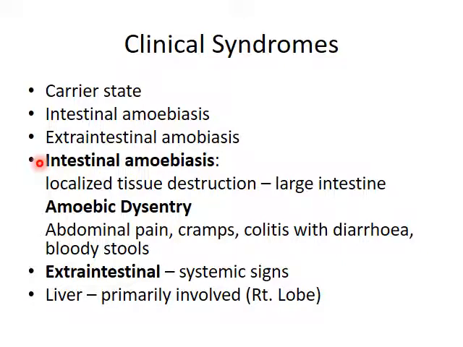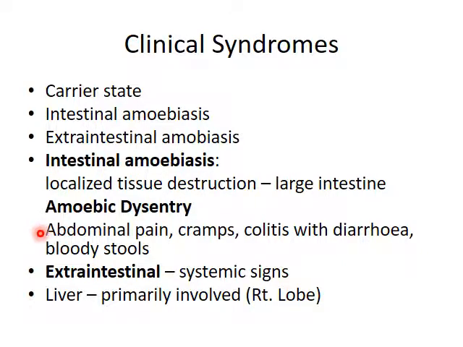In intestinal amoebiasis, as we already saw earlier, the virulence factors of the trophozoites, once they multiply by binary fission, start causing localized tissue destruction, and hence it might lead to amoebic dysentery. Dysentery is basically bloody stools.